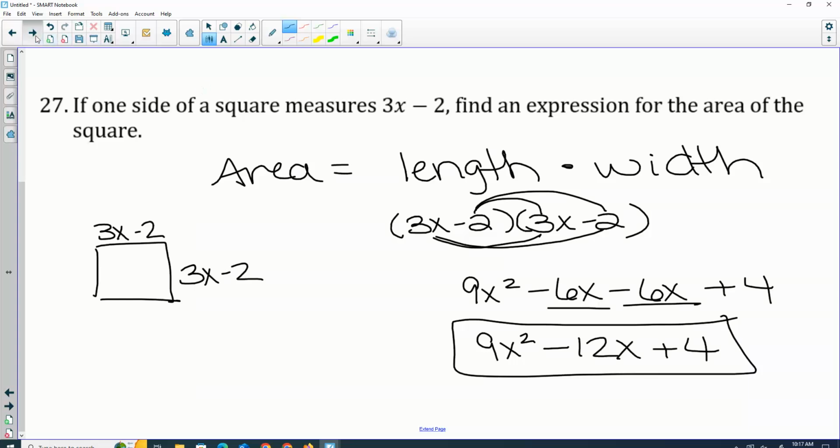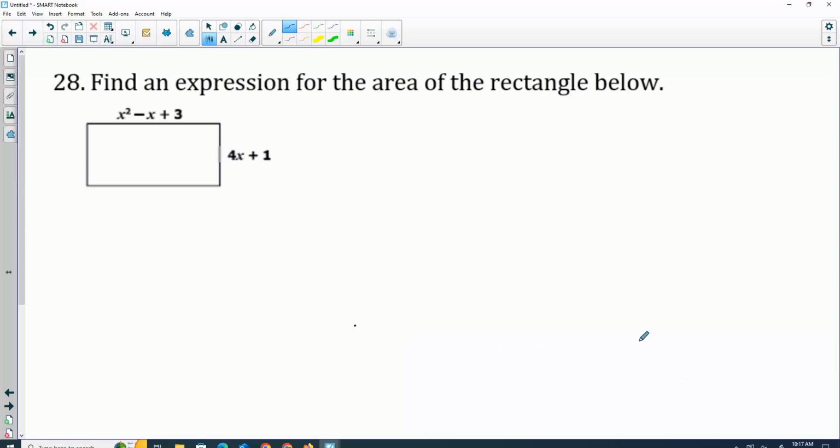Okay, so somebody has to tell me how to do this one. Okay. Area, length times width. So 4x plus 1 times x squared minus x plus 3. How do I multiply those? We start by reading.